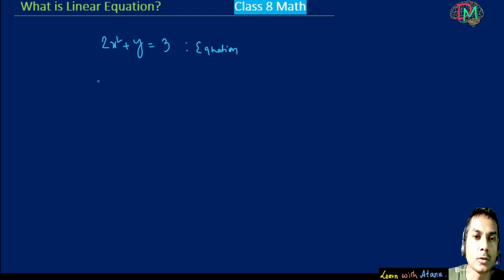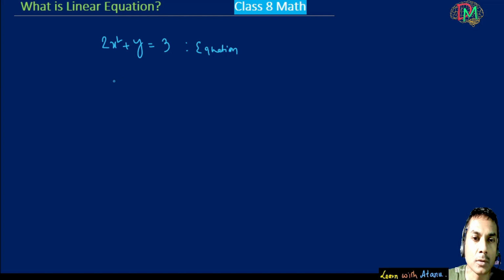Okay, so now what is a linear equation? A linear equation is actually a linear polynomial, meaning when the power of the variables, the maximum power of any of the variables in the equation, is 1, then it is called a linear equation.